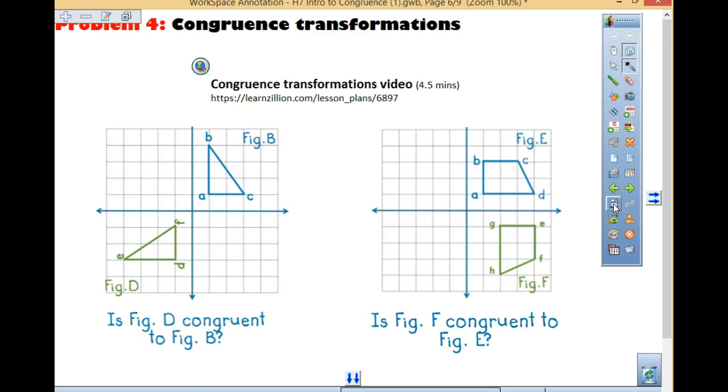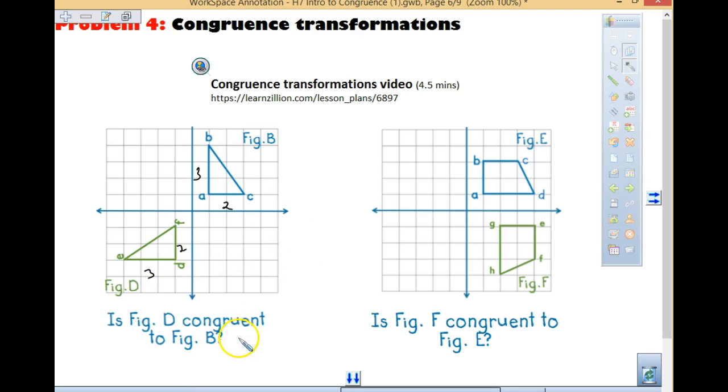It says, is figure D congruent to figure B, and is figure F congruent to E? Now, before we even start, in order for it to be congruent, it has to be the same size and shape. Notice from A to C, how long is it? 2. And A to B is 3. And over here, D to F is 2 and 3.